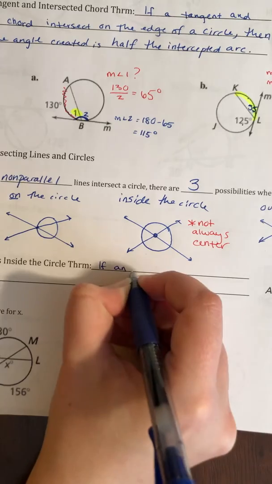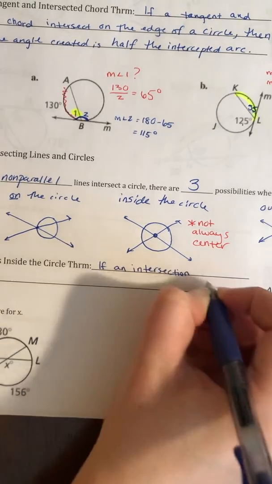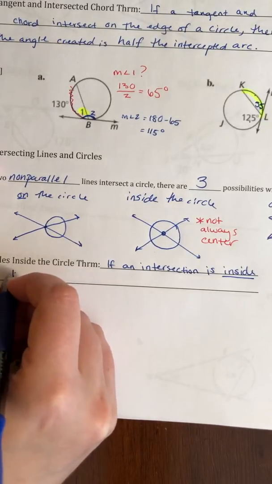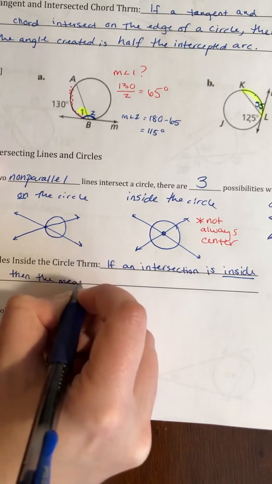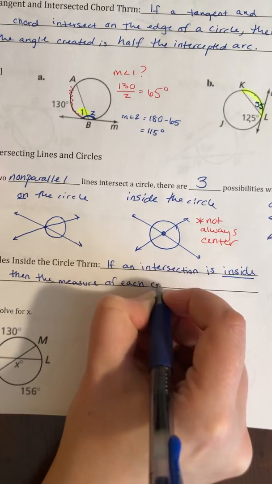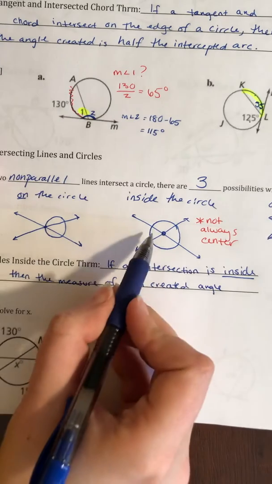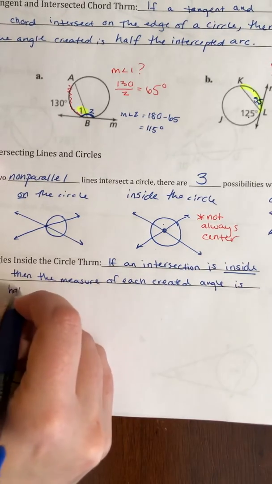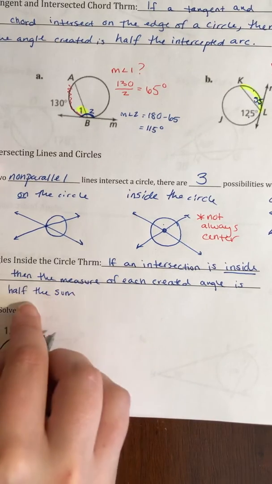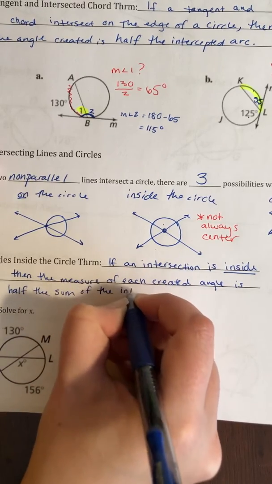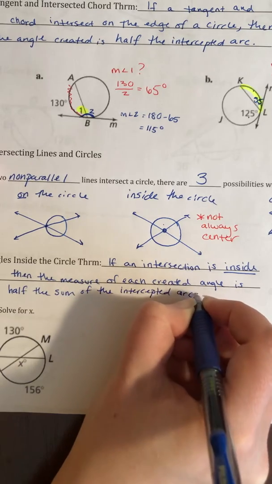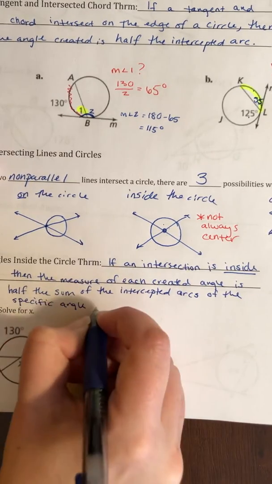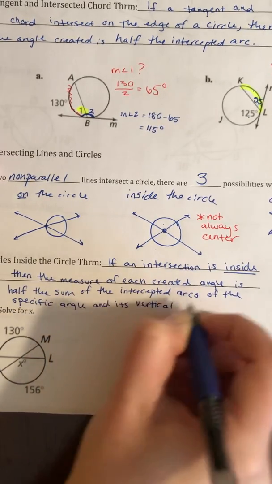If an intersection is inside the circle, then the measure of each created angle, so it actually creates 4 angles, 1, 2, 3, 4, is half the sum of the intercepted arcs of the specific angle and its vertical angle. That is a lot of words.